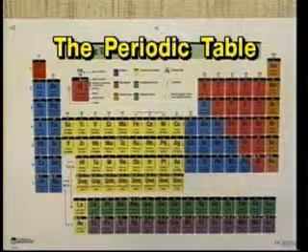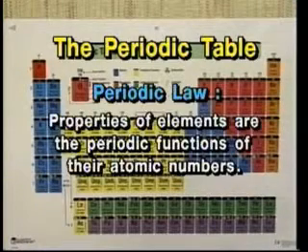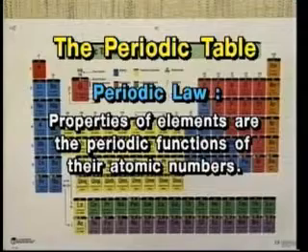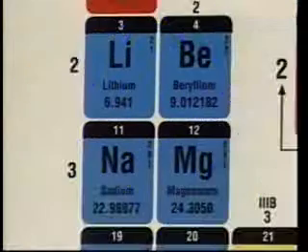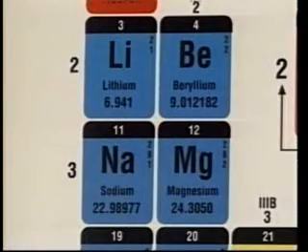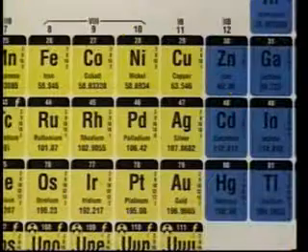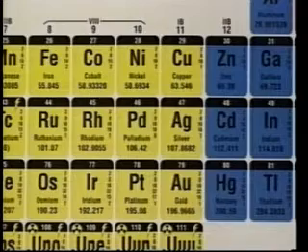The modern periodic table looks like this, and is based on the periodic law, which states that properties of elements are the periodic functions of their atomic numbers. That is to say, the physical and chemical characteristics of elements result from their atomic numbers, as shown in this listing.